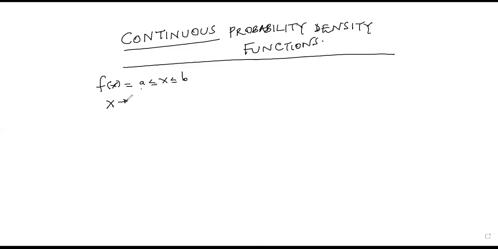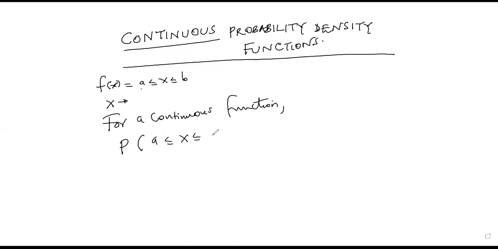For a continuous function, the probability of a less or equal to x less or equal to b is equal to the probability of a less than x less than b.